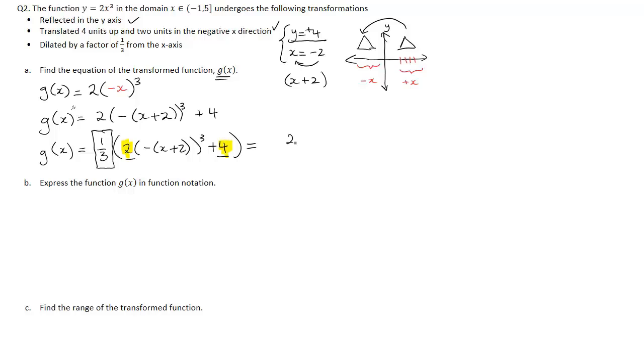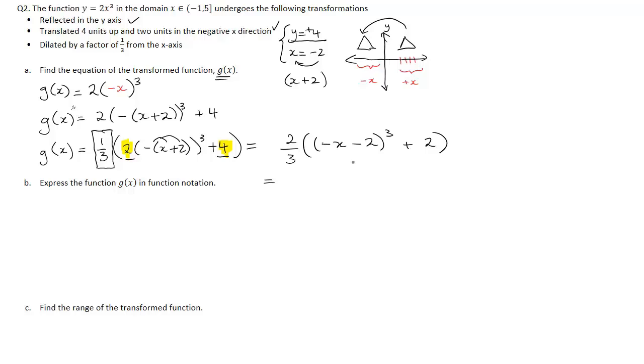So I'm going to write 2 over 3 bracket negative x. I may as well expand that negative there, cubed plus, I've taken out a 2, so that's 2 now.